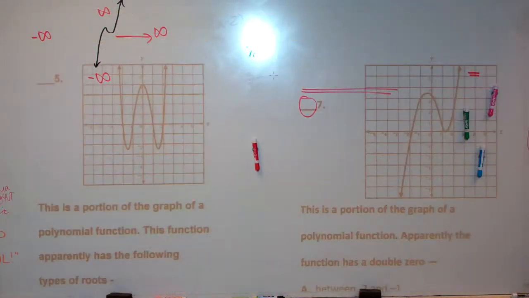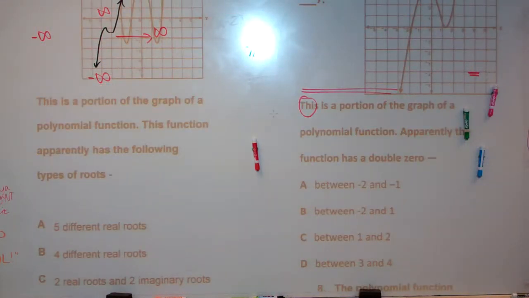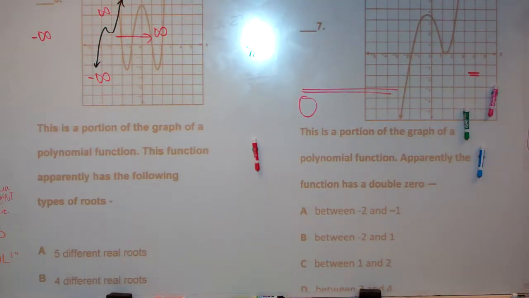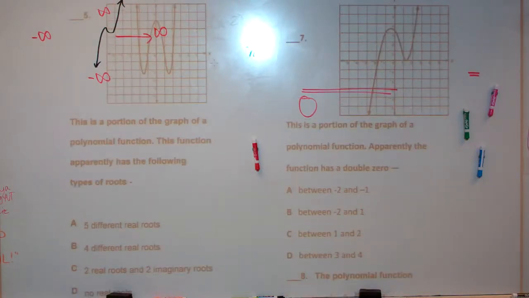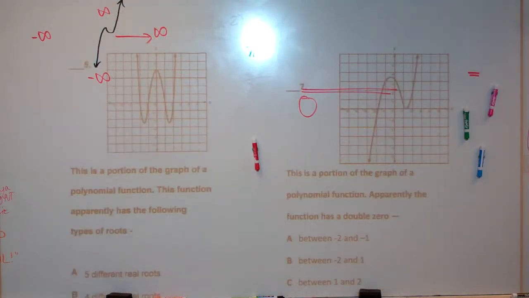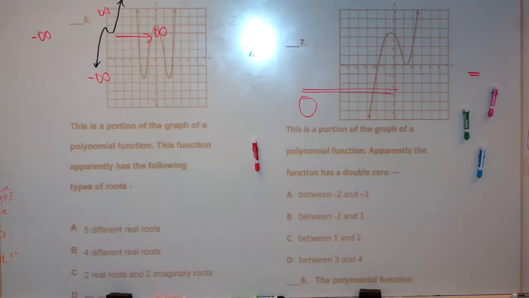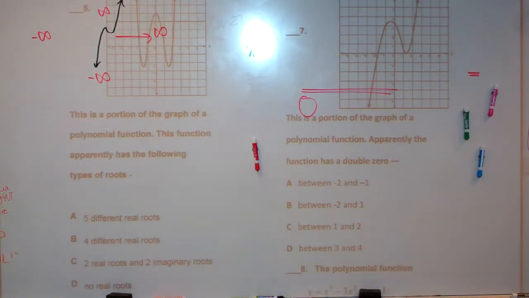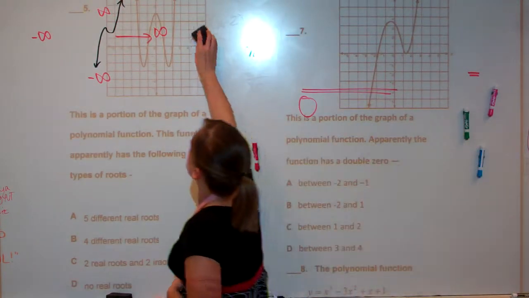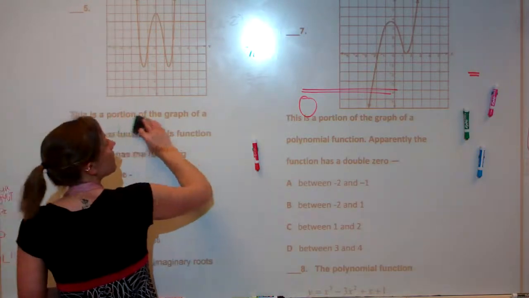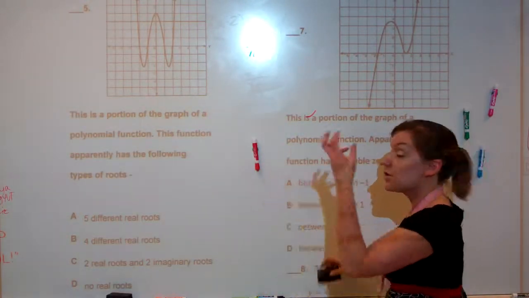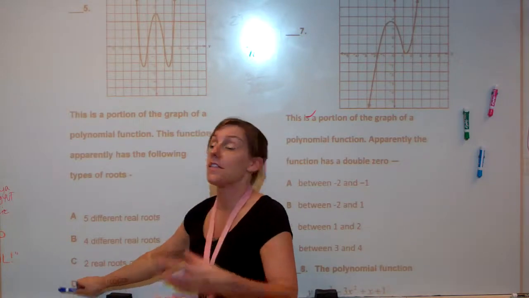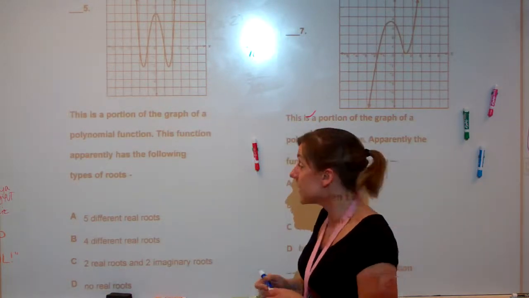Let's see. All right, I think these are two good ones just to not forget about. All right, just remember the power of something tells you how many total roots, but then the number of times it crosses are the real roots.